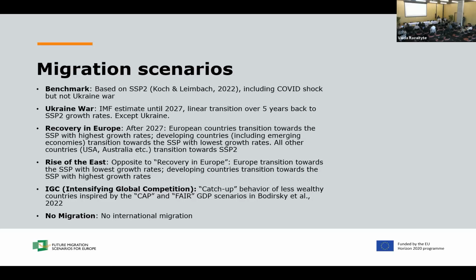The developing countries, including emerging economies, transition towards the SSP with the lowest growth rates. The rest of the countries that are not in Europe, but not part of the developing countries, such as the US and Australia, are transitioning towards the SSP2.